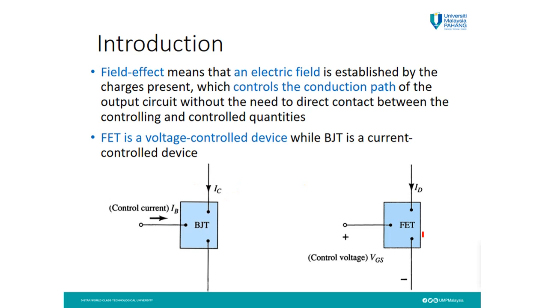And now for the whole chapter, for the FET, the control here is VGS. The difference is that the FET is a voltage control device and the BJT is a current control device.